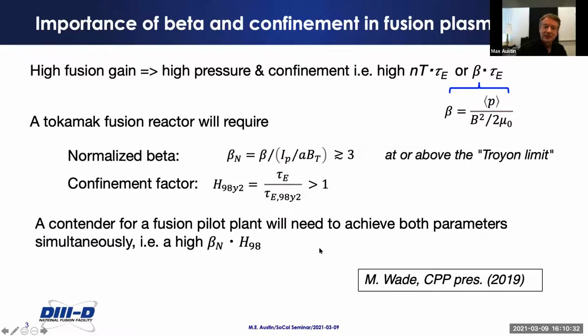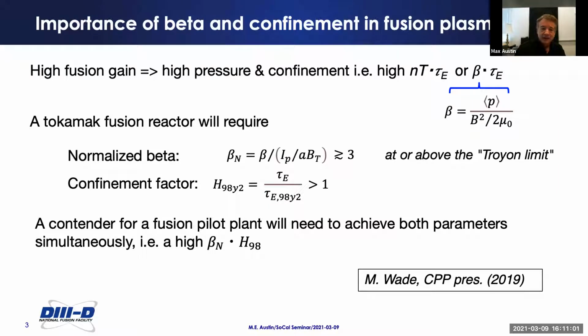Okay, so here's the easy stuff. High fusion gain implies high pressure and confinement. This is the old n T tau we know so well, which can also be written as beta times tau, where tau is the energy confinement time and beta is the ratio of the pressure to the magnetic field pressure.